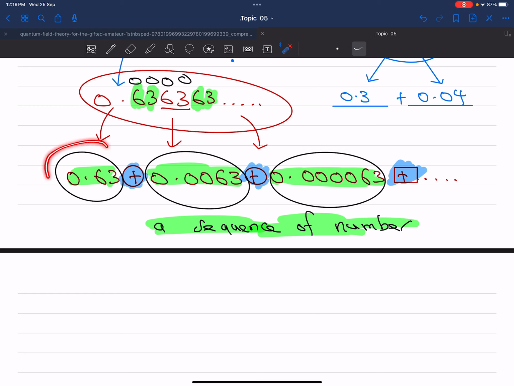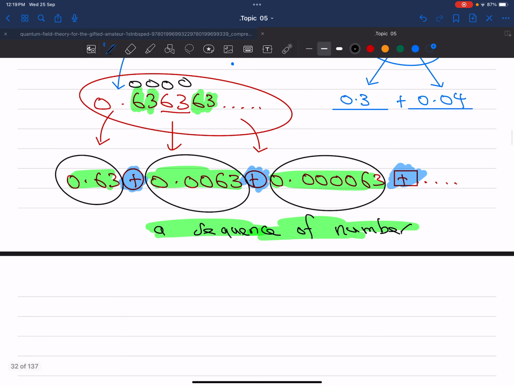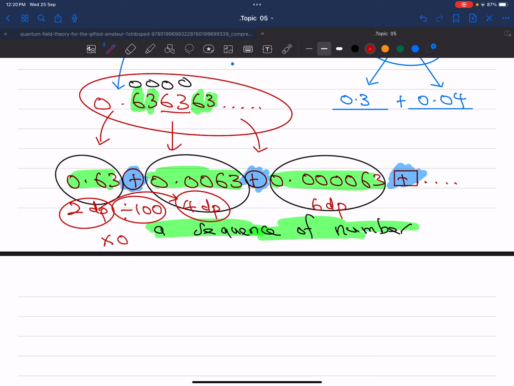This is 0.63. This is 0.063. Here we have 2 decimal places, and here we have 4 decimal places, and here we have 6 decimal places. We learned in lower secondary, if you want to change 2 decimal places to 4 decimal places, you must divide by 100, which is the same as times 0.01.